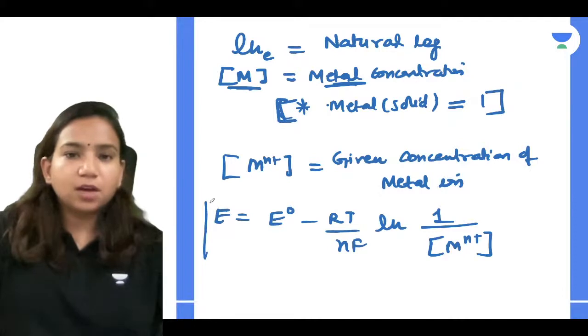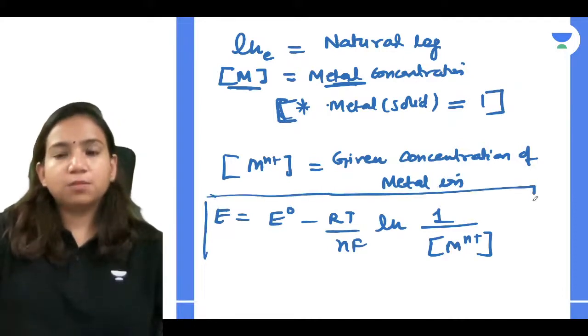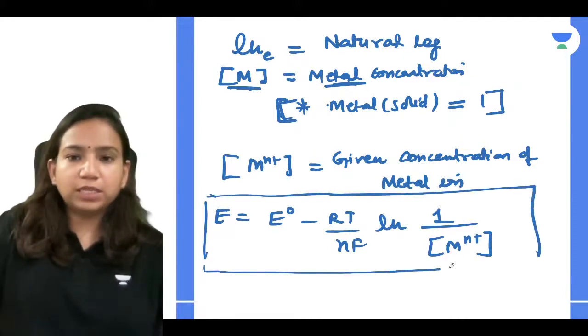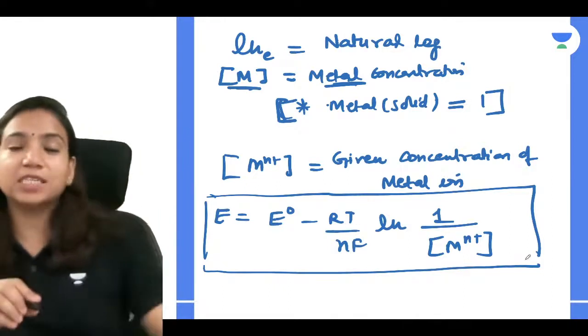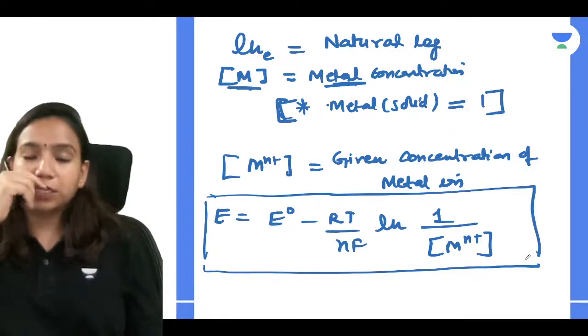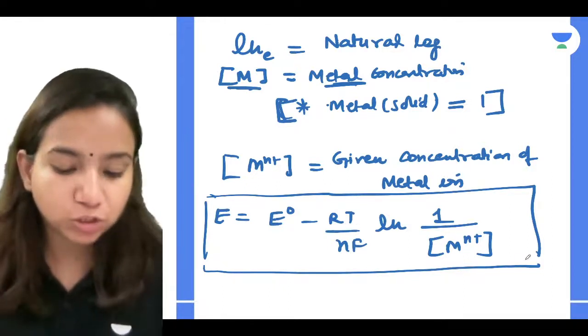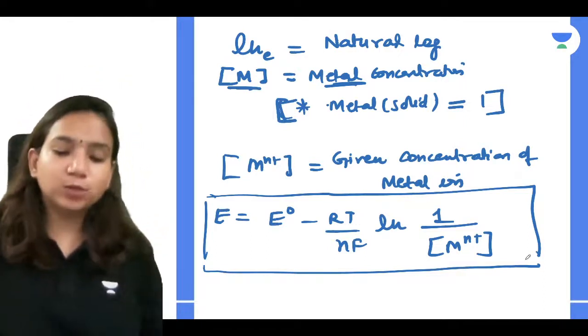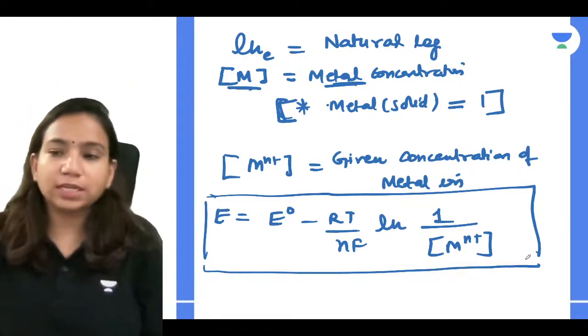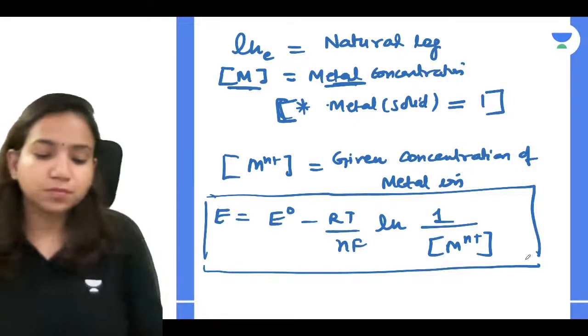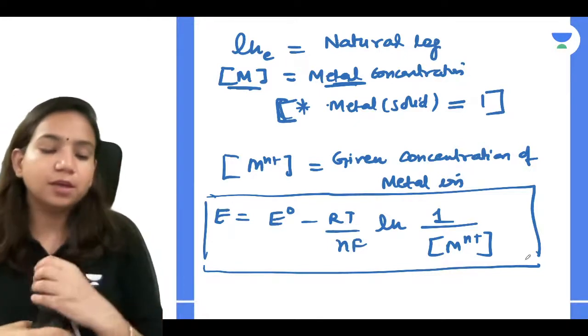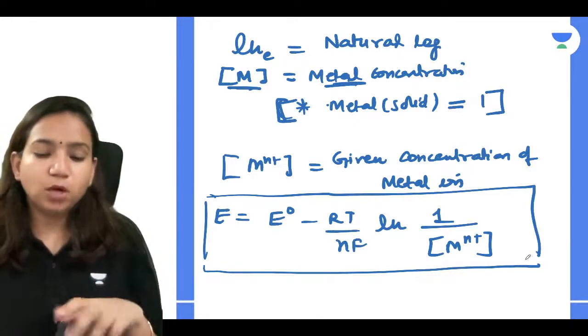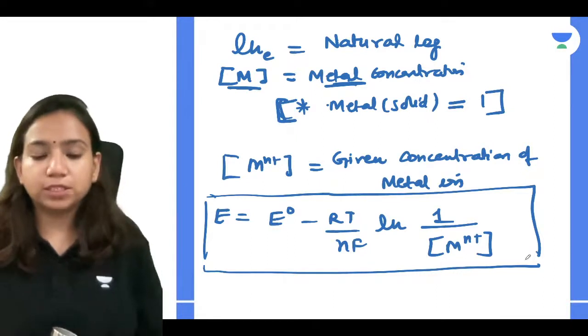We can write it like this, because metals are generally found in solid state except one metal, guys. Can anyone tell which metal is found in liquid state? Tell me, everyone, Suman, Abhishek, all of you.